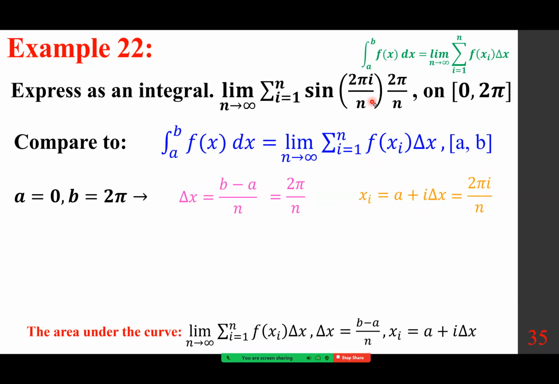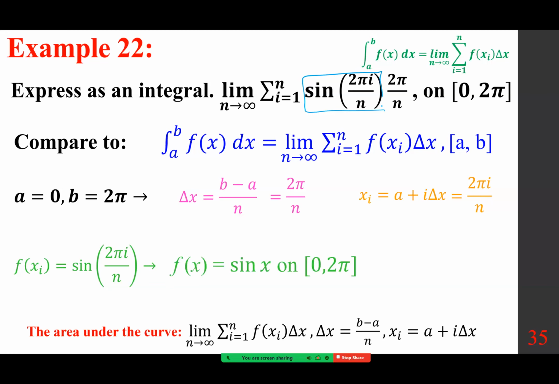So f of x sub i is this. This is f of x sub i. So f of x must be sine x in the interval of 0 to 2 pi.